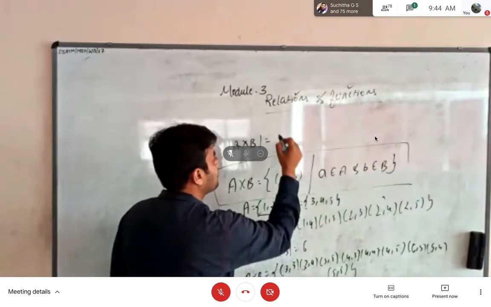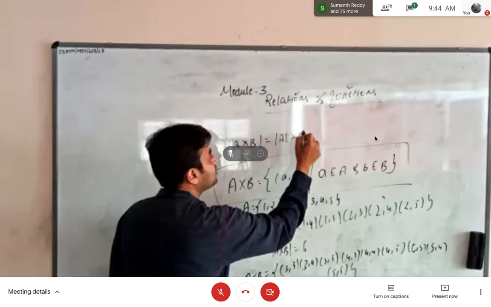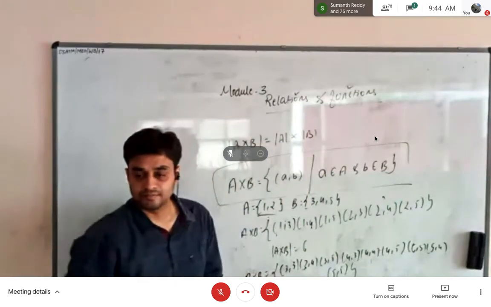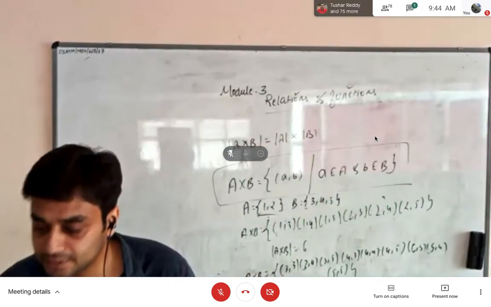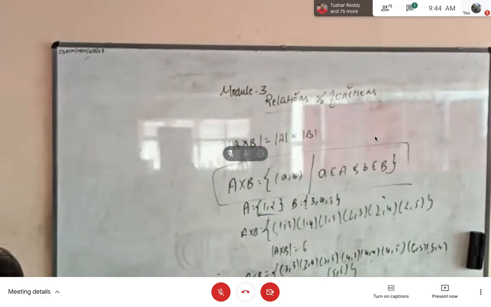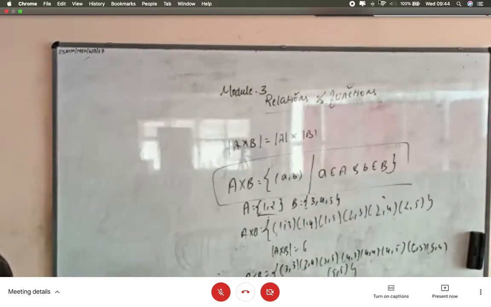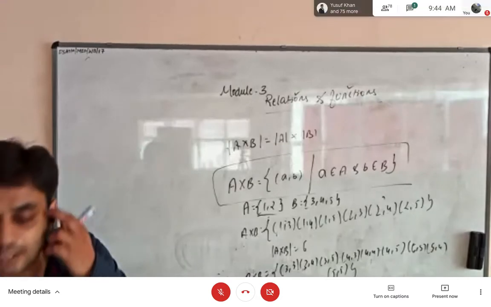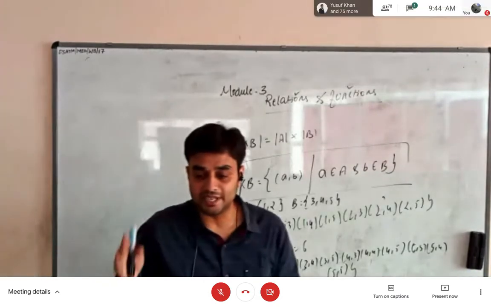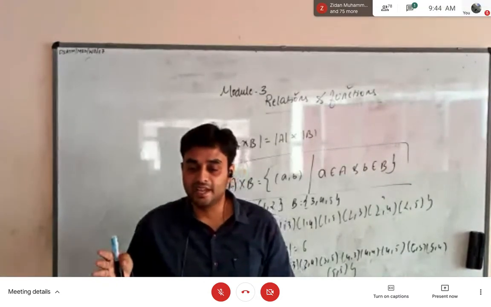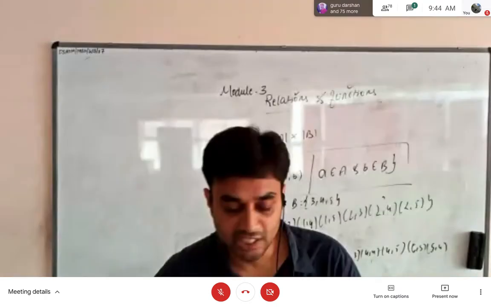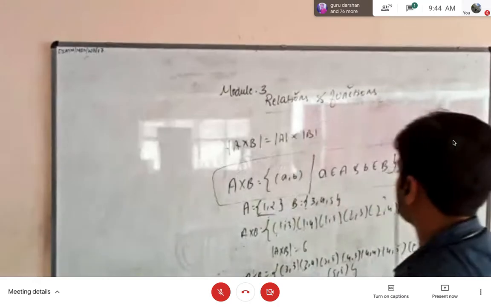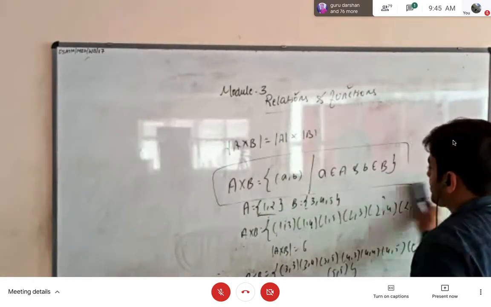Don't you think it will be equal to the number of elements in set A times the number of elements in set B? Will you agree? So if I know the number of elements in set A and set B, the number of ordered pairs in the Cartesian product is given by their product.